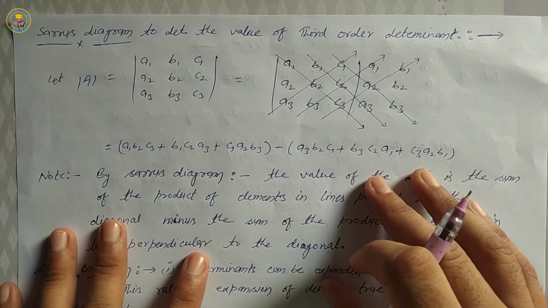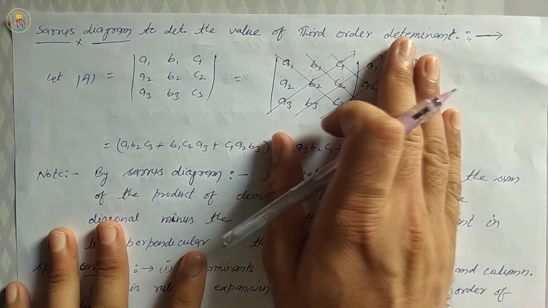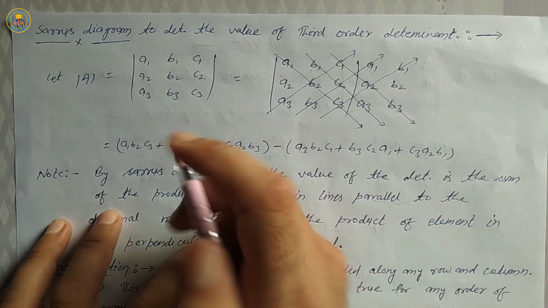Next topic, Sarrus diagram to determine the value of third order determinants.